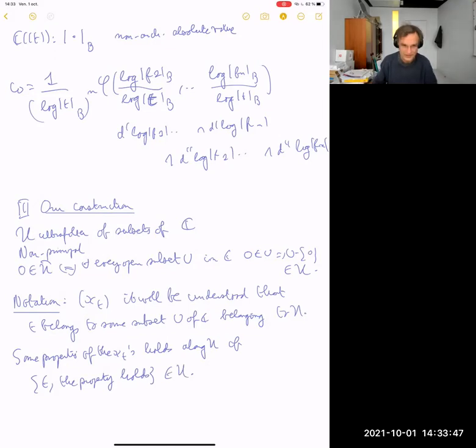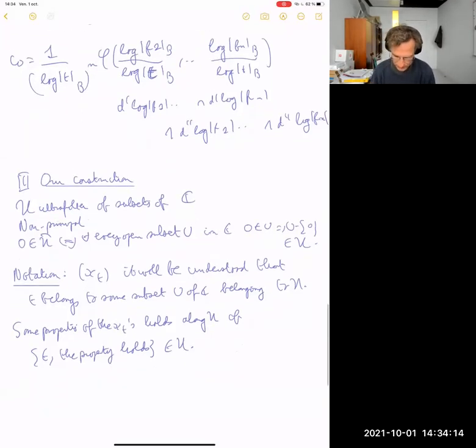When you have a subset of C, because it's an ultrafilter, either this subset belongs to the ultrafilter, or its complement. So if I have a given property of the elements xt, whatever kind of mathematical objects they are, and the set of t for which this property is satisfied belongs to the ultrafilter, I say that it is satisfied along U. And if a property is not satisfied along U, its negation is satisfied along U, because if a set is not in the ultrafilter, its complement is in the ultrafilter.